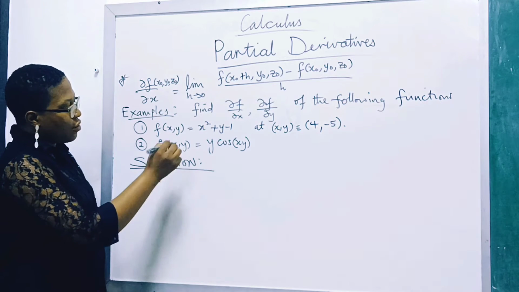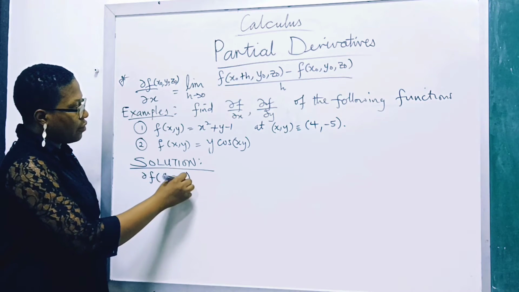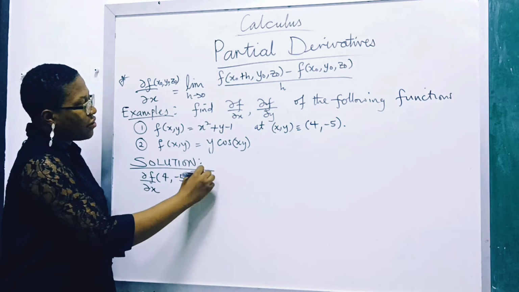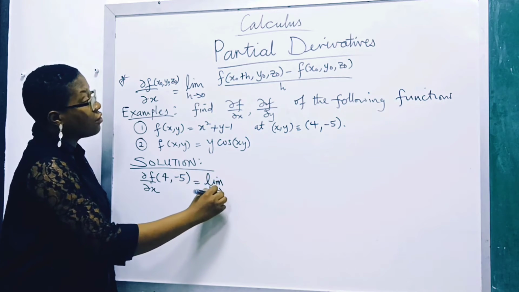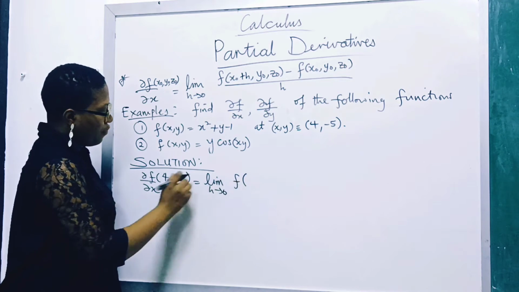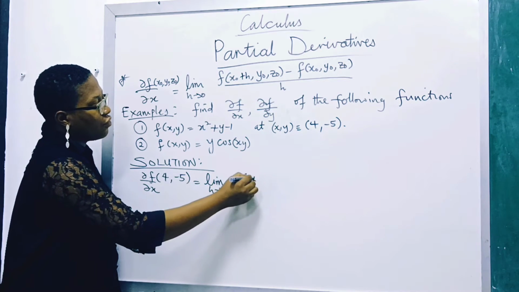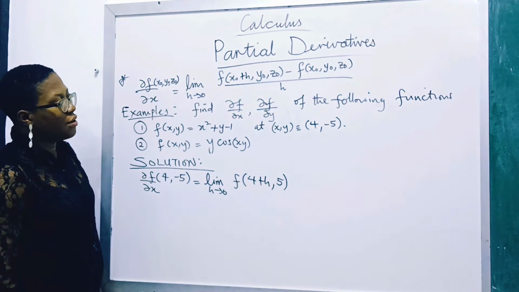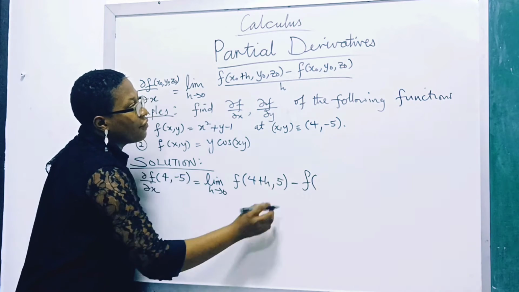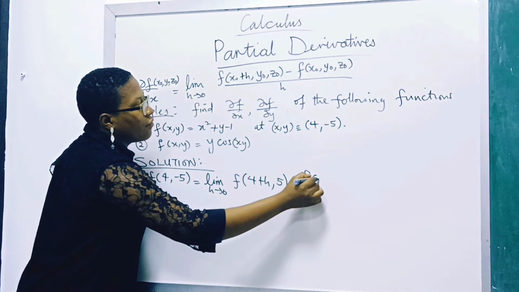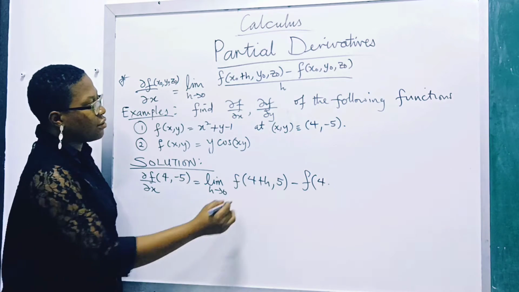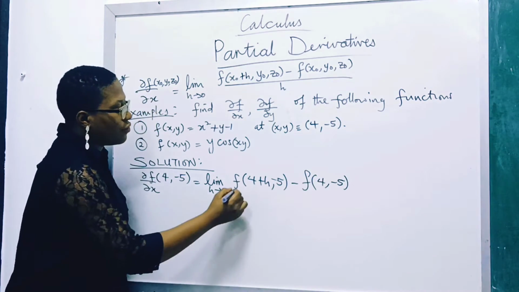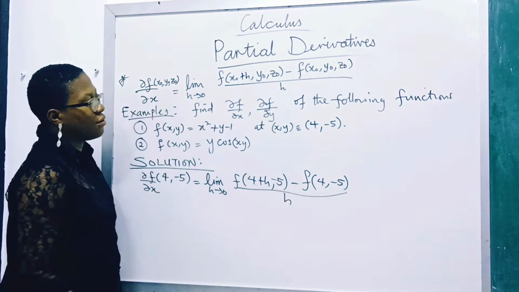Partial f at (4, minus 5) with respect to x is, I'm going to just plug in my values. Limit as h goes to 0, f of x is 4, x naught is 4, so 4 plus h, comma, 5, there is no z, so I stop there, minus f of 4, sorry, minus 5, comma, minus 5, all over h.